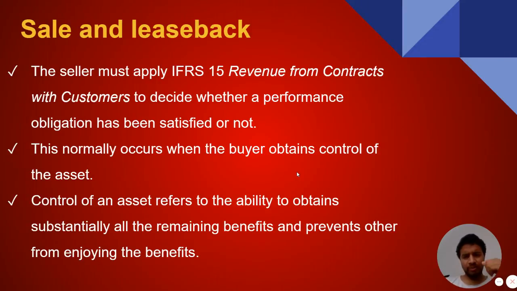So if the buyer obtains control of the asset, then it is a sale. They obtain control when they have physical possession, they have the substantial risks and rewards, and they can prevent third parties from obtaining the benefits, and they will be the one enjoying the benefits. That is the main crucial thing over here.